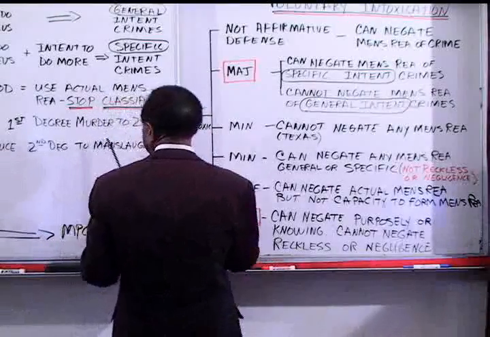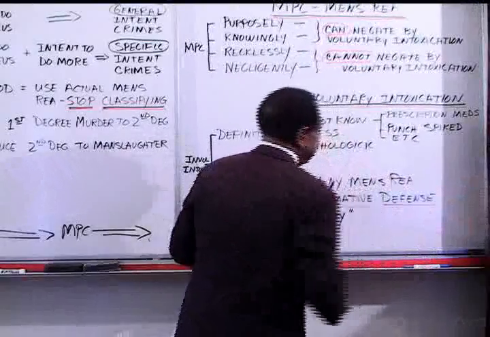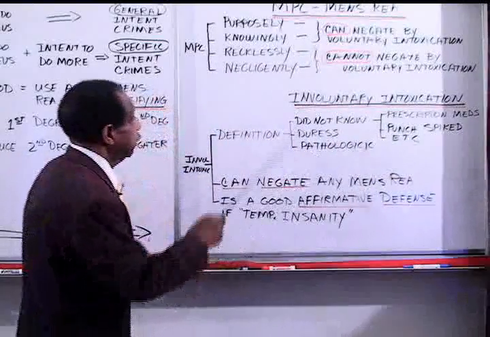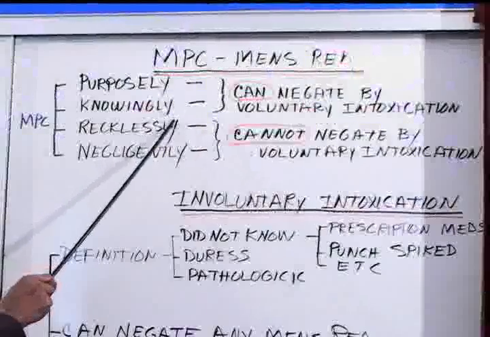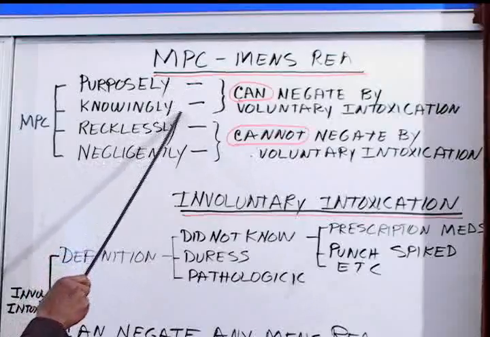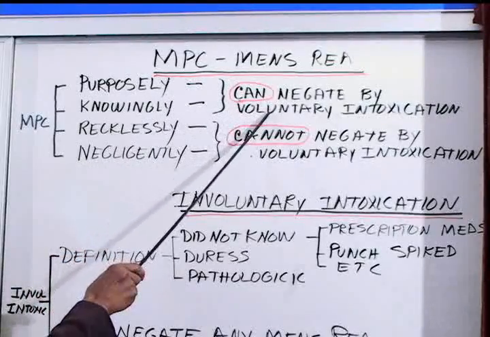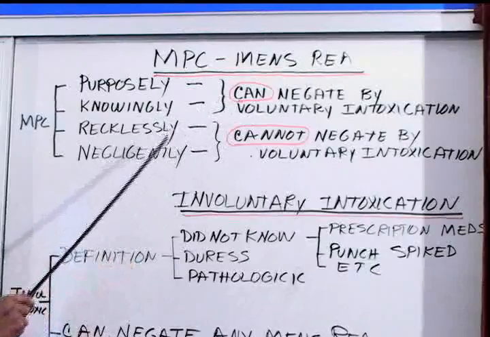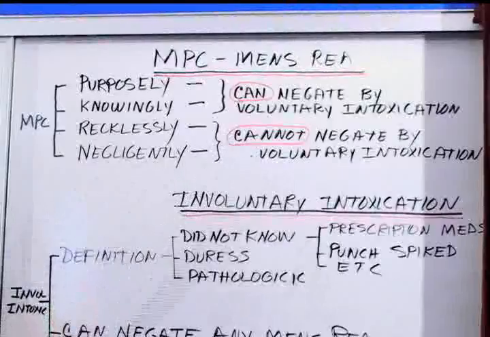I think we mentioned that earlier. If you have a statute written under the Model Penal Code and the statute calls for purposely or knowingly, you can negate this state of mind by voluntary intoxication. Recklessly and negligently cannot be negated by voluntary intoxication.